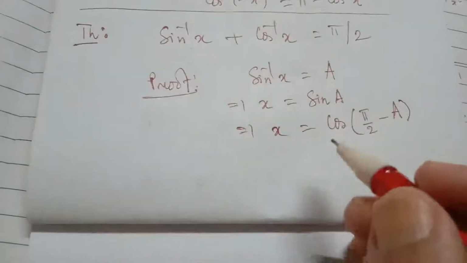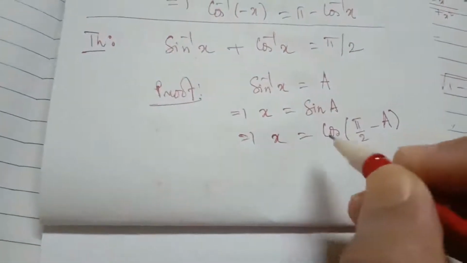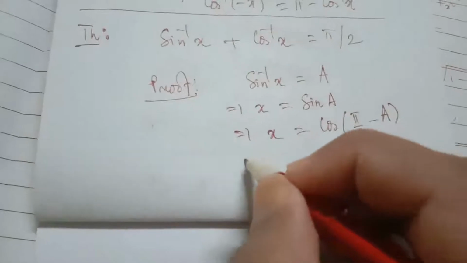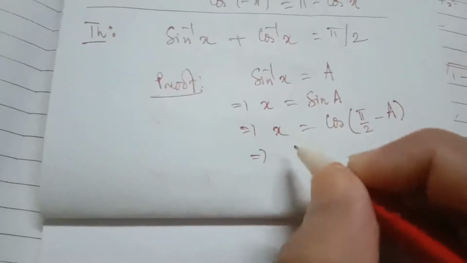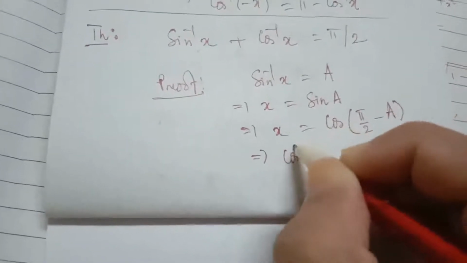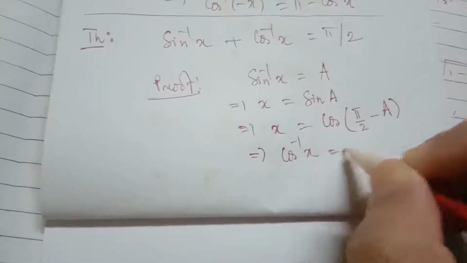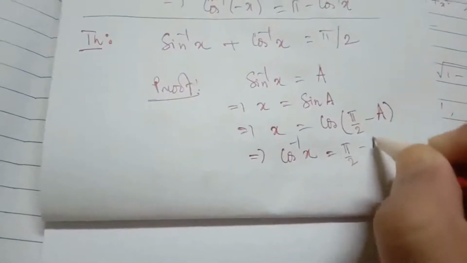Sine of a equal to, we can write cos of pi by 2 minus a, cos 90 minus a. Cos inverse of x, if we bring cos to that side, cos inverse of x equal to pi by 2 minus a.